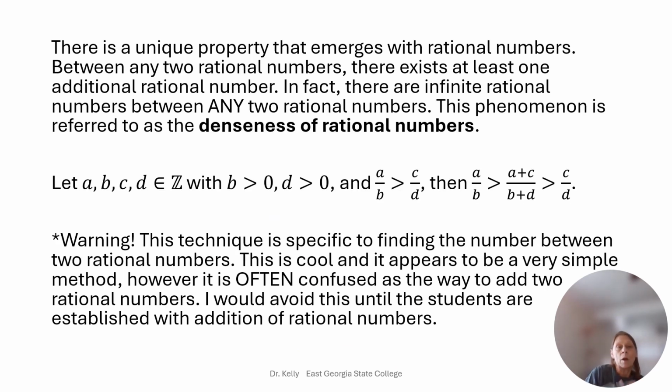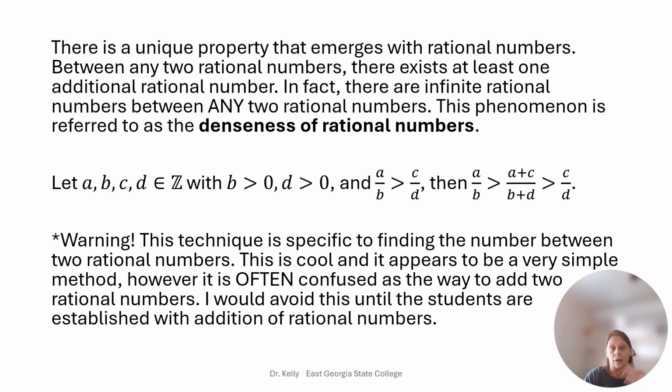Now there's a unique property that emerges when we start talking about rational numbers, and it's the infinite depth of numbers, okay? And what they call it here is the denseness of rational numbers. The idea is between any two rational numbers, there is at least one more rational number. In other words, between any two fractions, you can find a fraction that fits in between.